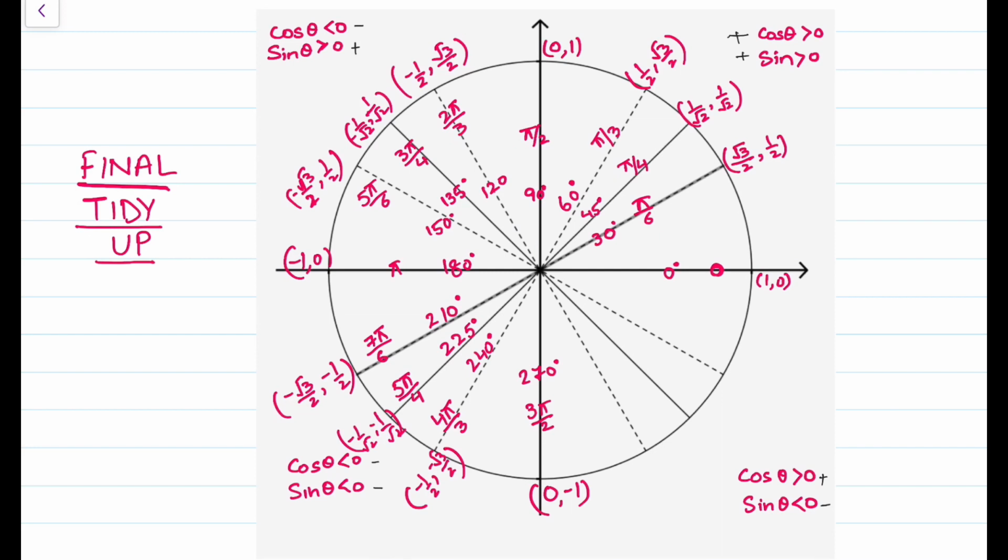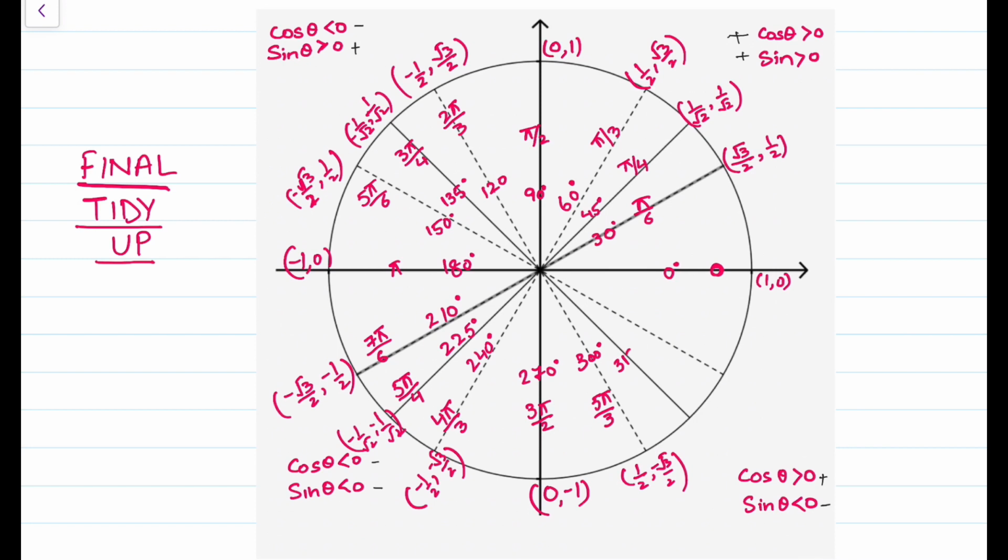Now let's go to the last quadrant, the fourth quadrant. The next value is 300 degrees, which becomes 5 pi over 3, and is 1 over 2 comma minus root 3 over 2, because here the y values, the sine values, are negative.